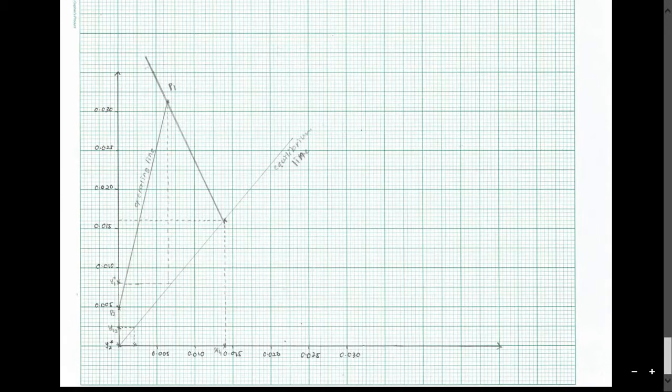To plot it, we must have two coordinates, point 1 and point 2. Point 1 is x1, y1 and point 2 is x2, y2. Right now we don't know the value of x1, so we need to find it.